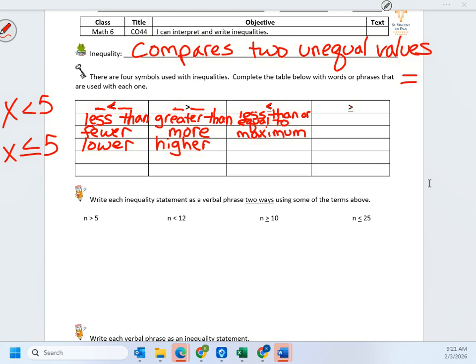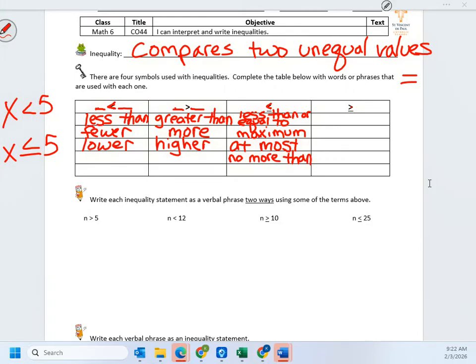So the maximum amount you can spend is 20. So it could be a smaller number, or actually $20. At most, what you can spend at the store is $20. You could spend the exact amount, or a smaller number. Or you could do no more than $20.